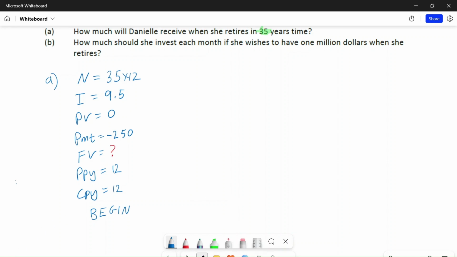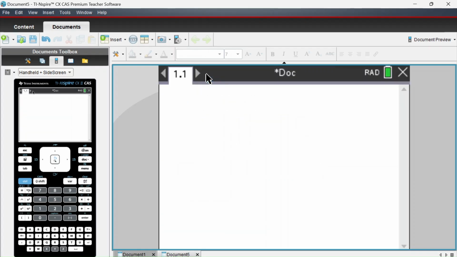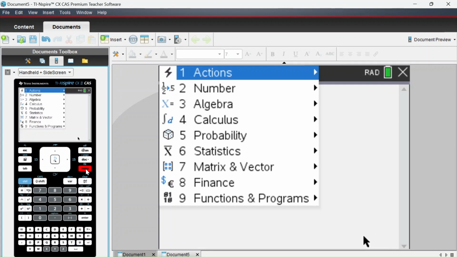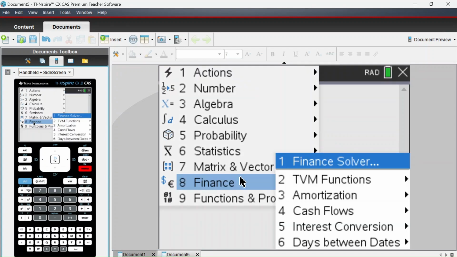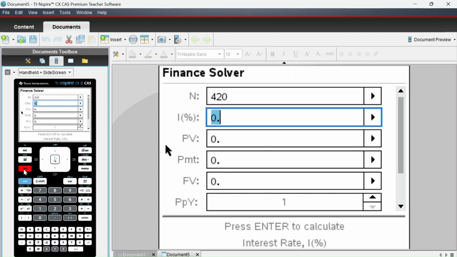Right, so let's go to the solver. Get a calculator, Menu, Finance, and Finance Solver. Okay, so the number of periods was 35 by 12. Now I'll tab down and that works out for us that we've got 420 periods.